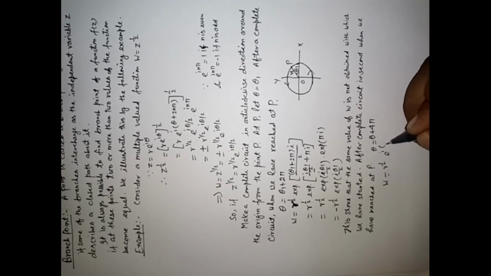So we get w equal to r power half exponential of i (theta 1 plus 4 pi) divided by 2, and this gives r power half e raised to the power i theta 1 by 2 into e raised to the power i 2 pi.